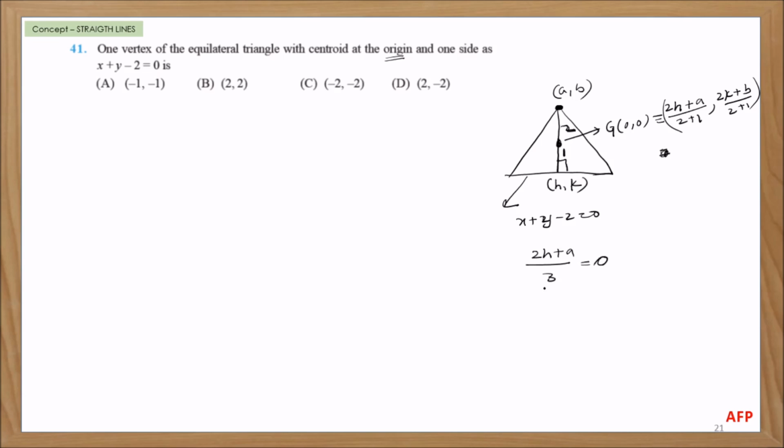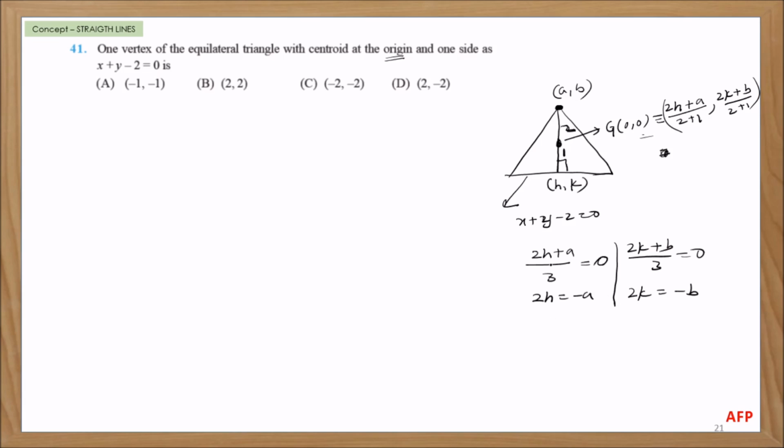Okay, so now you can write 2H is equal to minus A. Similarly, 2K plus B divided by 3 is equal to 0, the second ordinate. Okay, 2K is equal to minus B. So these values we got.